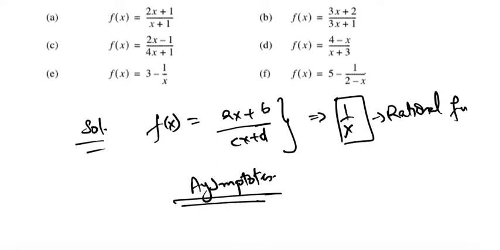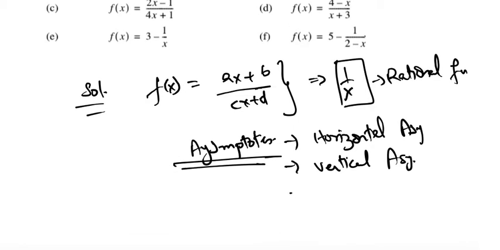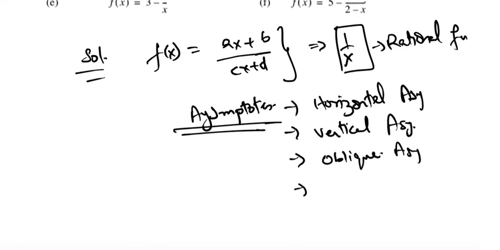A rational function gives you asymptotes. These asymptotes are horizontal asymptote, vertical asymptote, oblique asymptote, and curved asymptote or curvy asymptotes, whatever you can say.